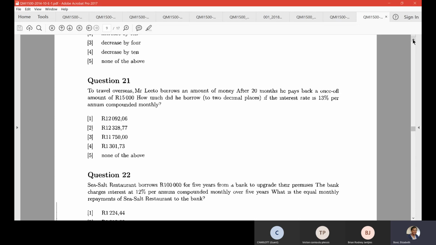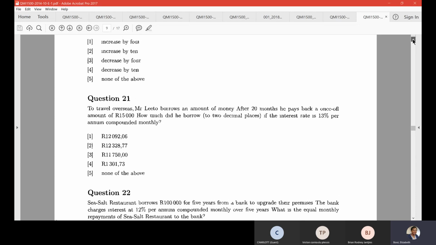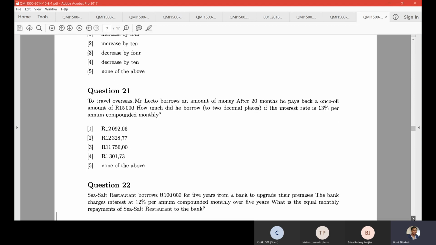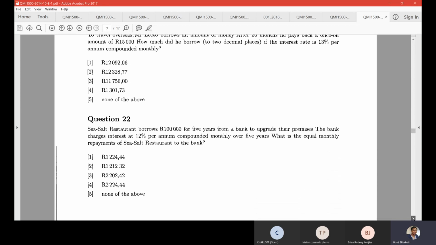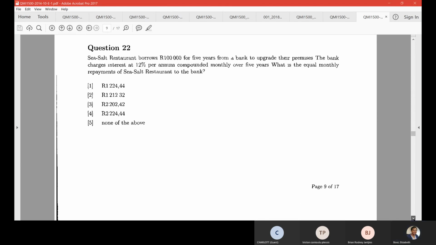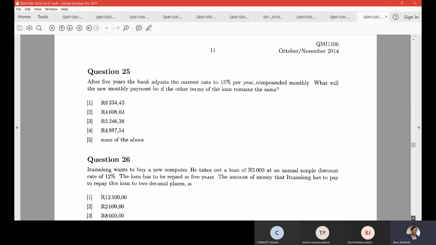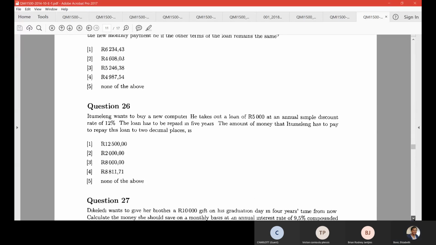These are annuities. This is compounding interest. This is annuity. Amortization. Annuity.